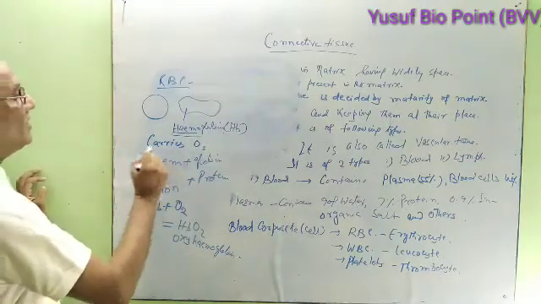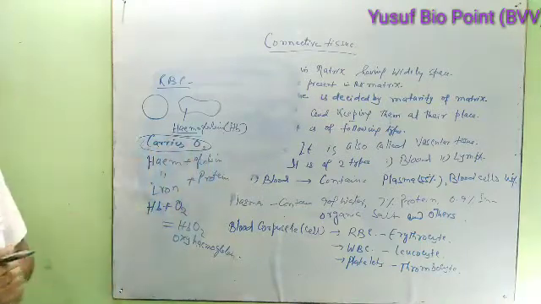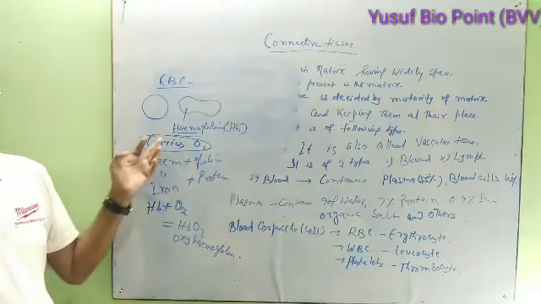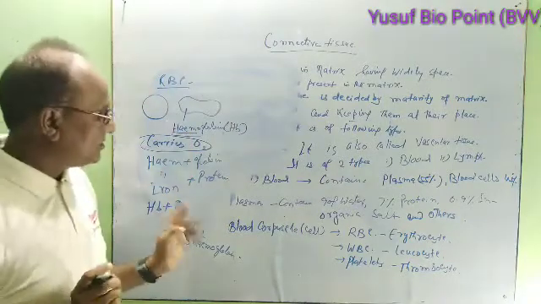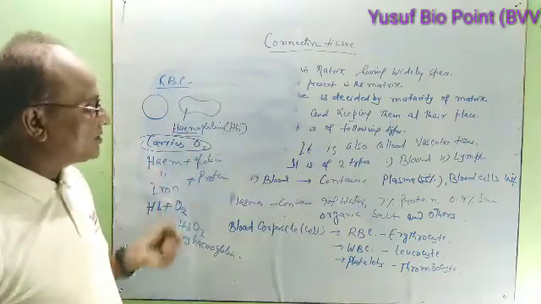We can say that it carries the oxygen from one part to another, from the lungs to all the other parts. So this is about one of the main constituents.